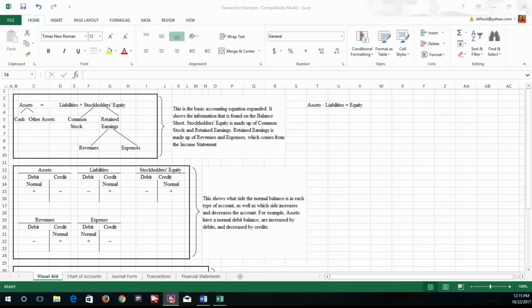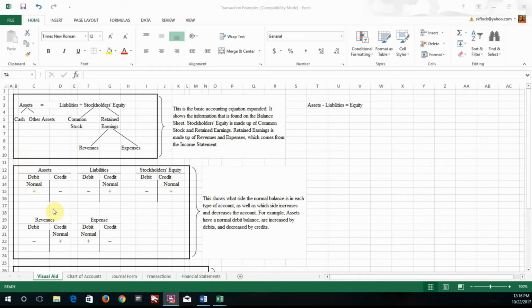And if you watched my previous video, I touched on the fact that accounting is a dual entry system, which means every transaction is going to affect at least two accounts in your accounting system. You're going to have a debit and a credit. The debits and the credits must always be equal. That's what keeps this accounting equation in balance, the equality of the debits and credits.